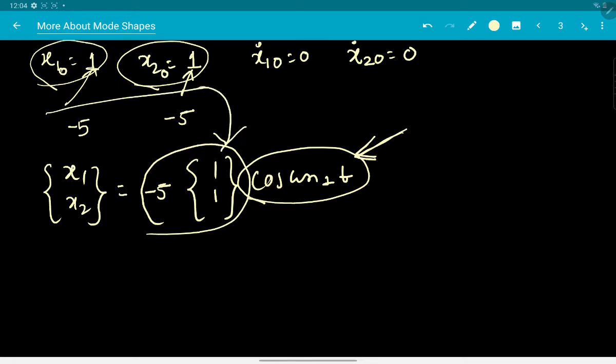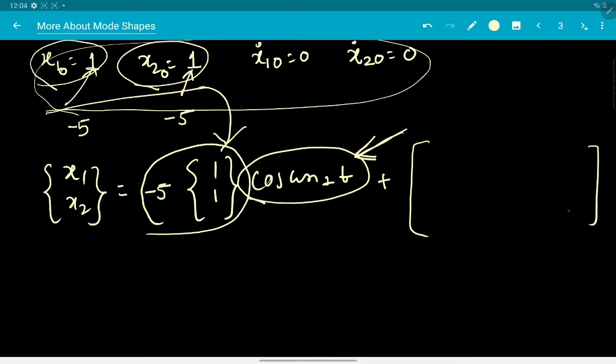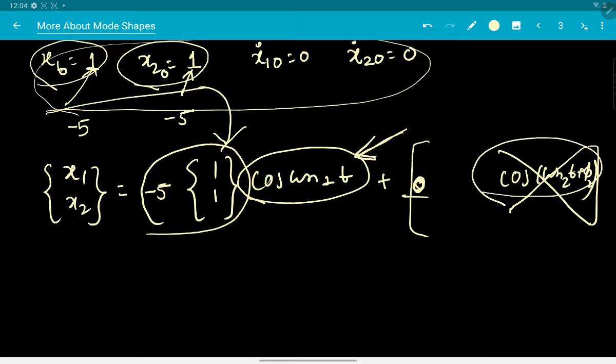What has happened because of such initial conditions is that the other term, which had the contribution of omega n2 t, has disappeared. It has zero weight associated with it, so since that weight is zero, this term is absolutely not contributing in determining x1 and x2.